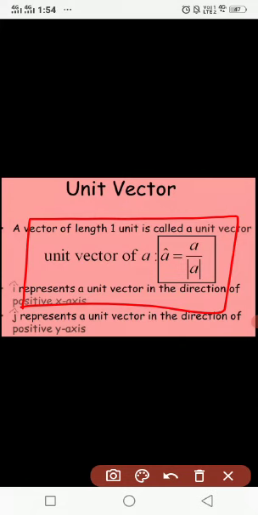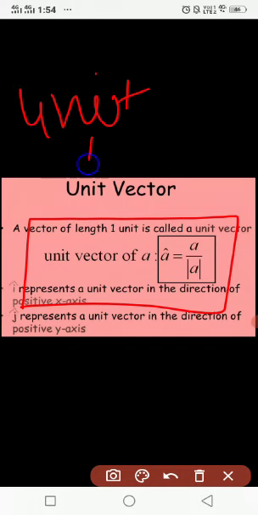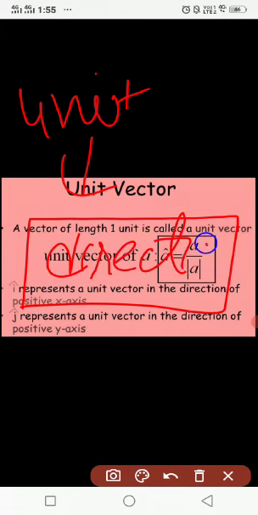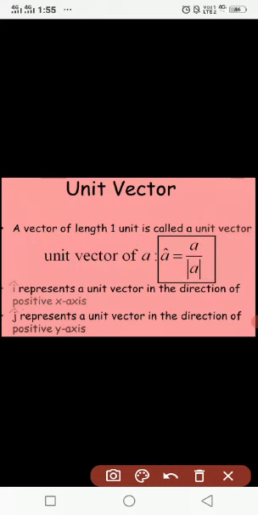And dear students, what does the unit vector tell us? Always remember that the unit vector tells us about the direction of the vector. Keep these things in mind and please note it down.